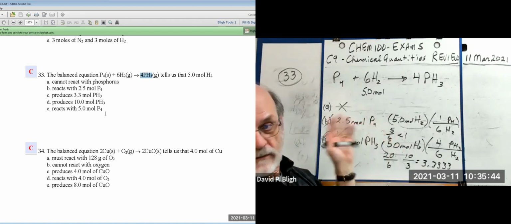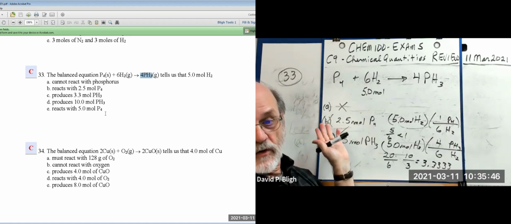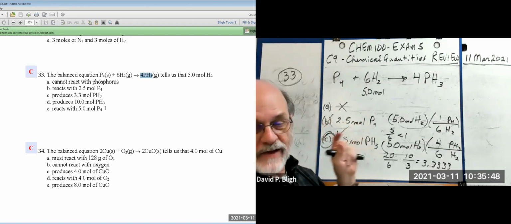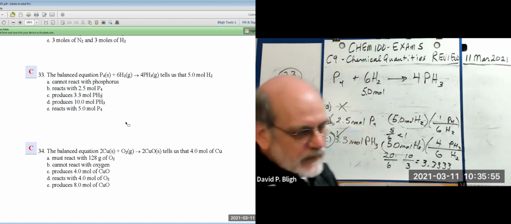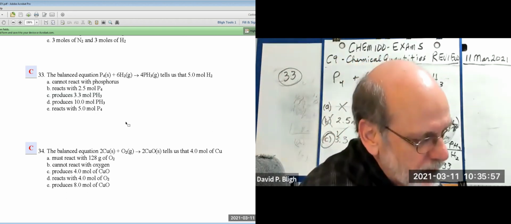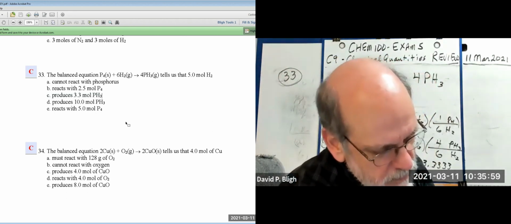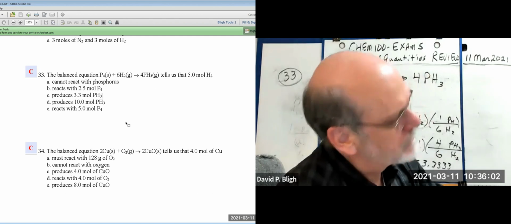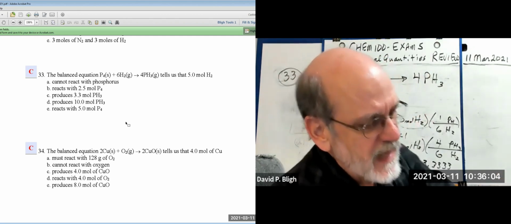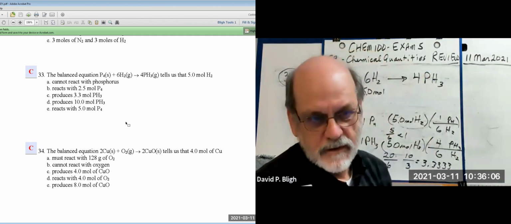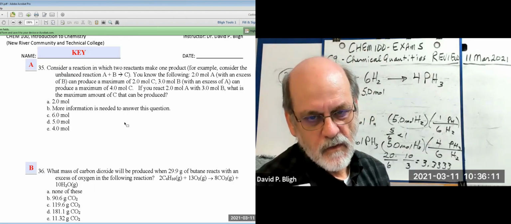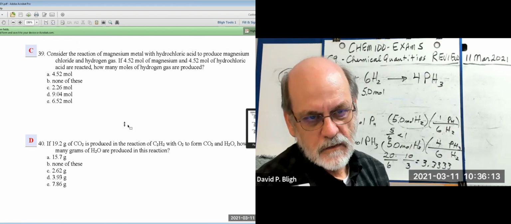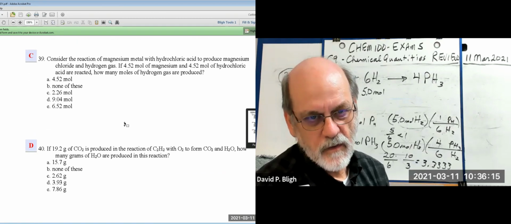So more moles go in the wrong direction. Right? So we actually did find the right answer in C. Right there. Okay. That's 33. And how about 39? Here we go.